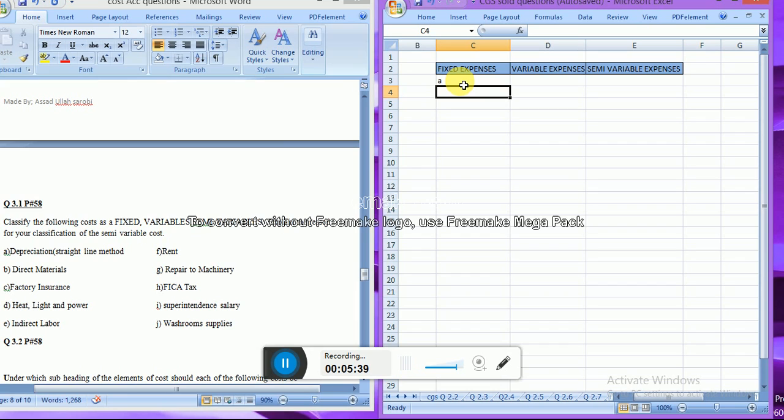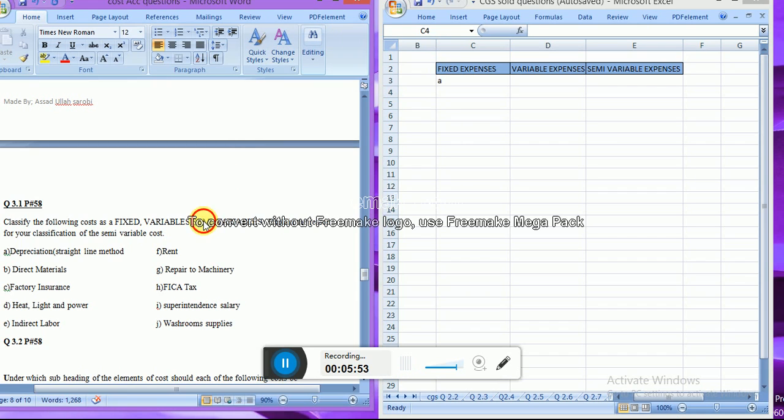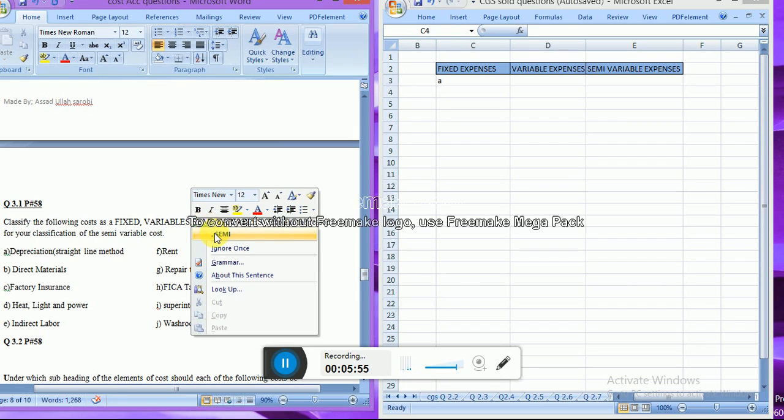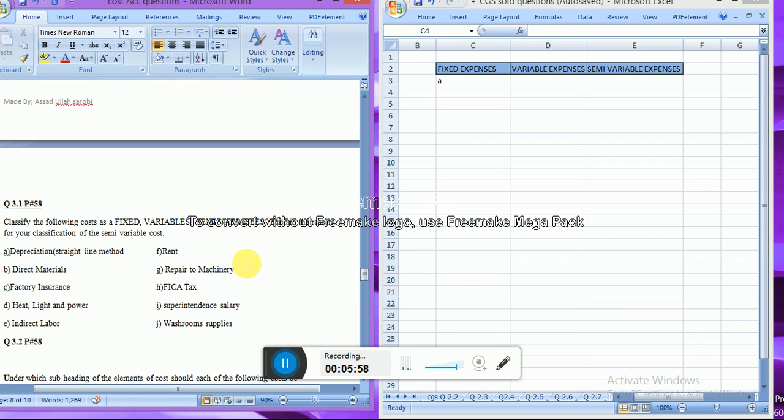Now B, direct materials. Is this a fixed cost, variable cost, or semi-variable cost? Direct material cost is a variable cost.